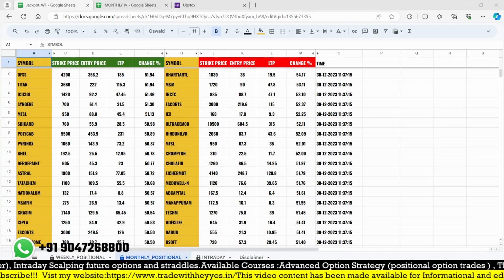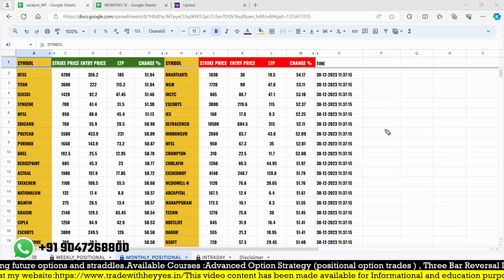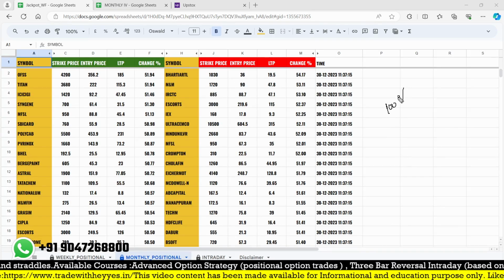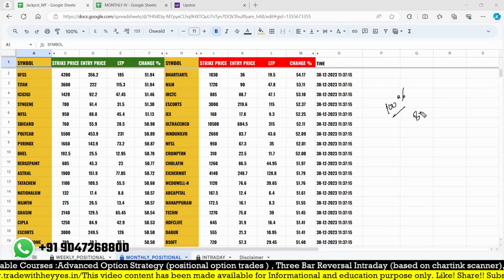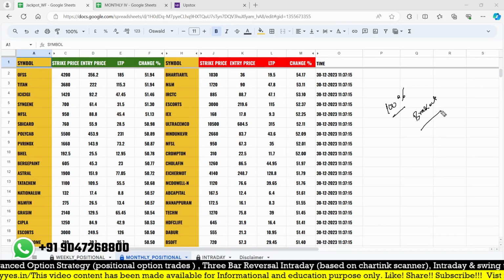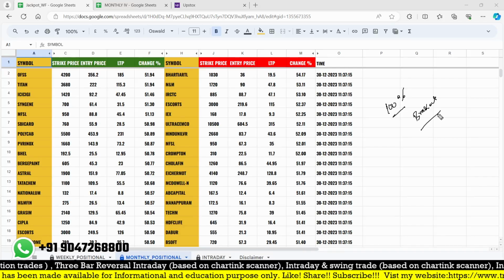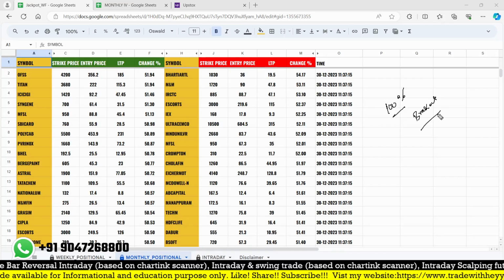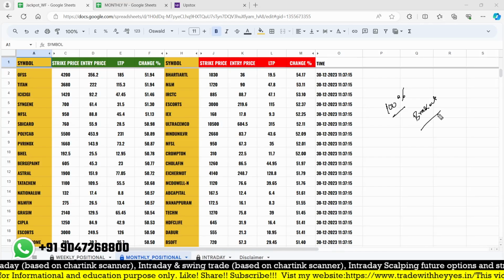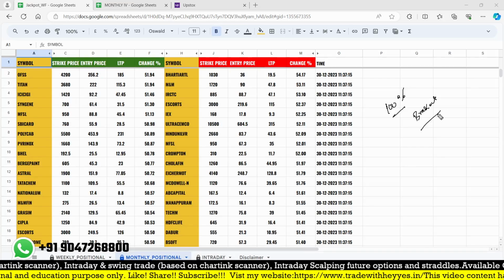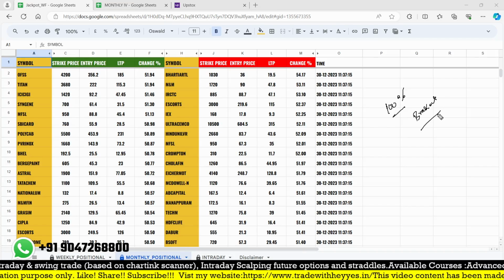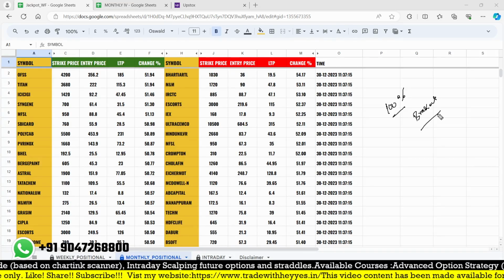From here we look for a trade opportunity when the stock reaches either the call side or the put side. That should be the breakout level. If you know our advanced option strategy, you can apply any of our hedging strategies or directional trade strategies, whichever you find convenient. But if you are using my Google Sheet without the advanced option strategy, no problem.